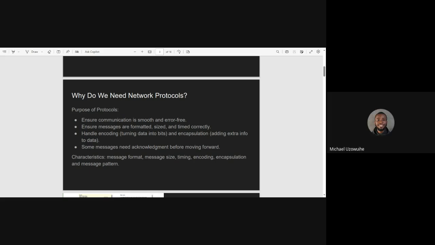So, as I was saying, I was trying to explain why we need network protocols. For things to work properly, for us to be in this kind of meeting, for me to say something and you hear it, and for Bola to respond and I know it's coming from Bola's microphone, from Bola's identity, there have to be rules.